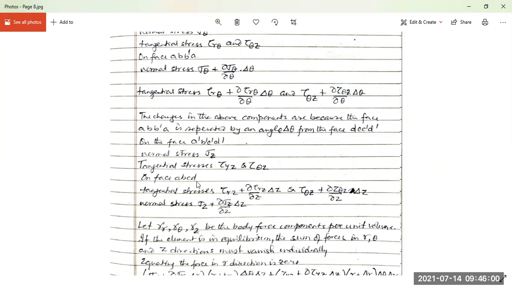On the face ABCD, just above the top face, we have tau r theta, tau rz. We are following the same thing, the rate of change of this shear stress and the rate of change of this normal stress with respect to z, the rate of change with length dz multiplied by the change in length delta z. So we have taken out a portion from the surface of our prismatic bar, a cylindrical element, and we have a six-sided prism of six unequal sides.